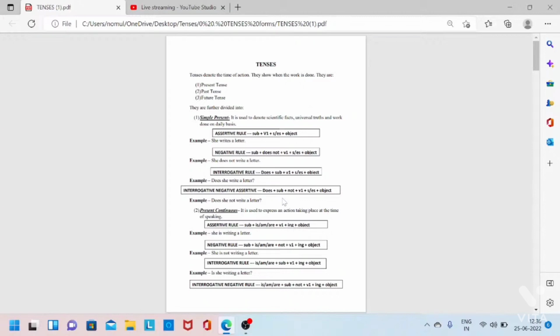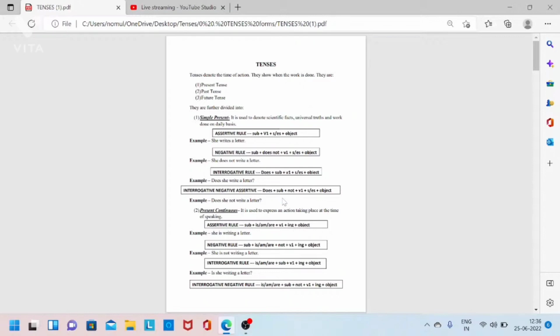And for the interrogative negative sentences, for the question form we also have negative sentences. At that time we will be using does plus subject plus not plus v1 plus es or s plus object, okay. Example, does she not write a letter? So these are the simple present tense rules and equations.